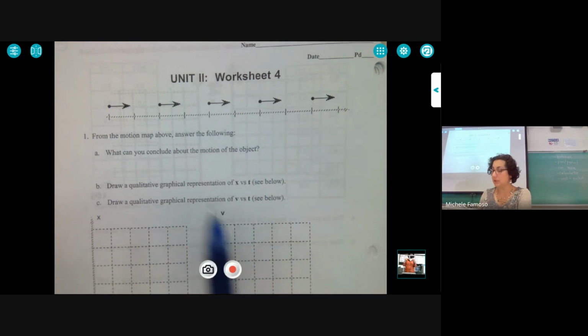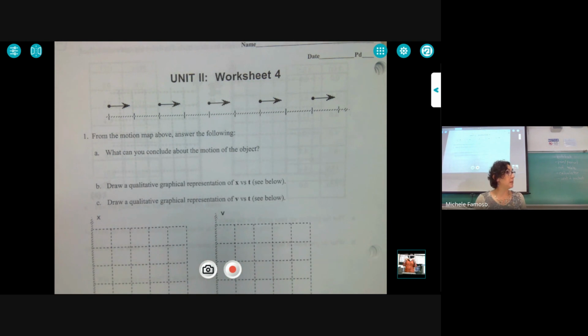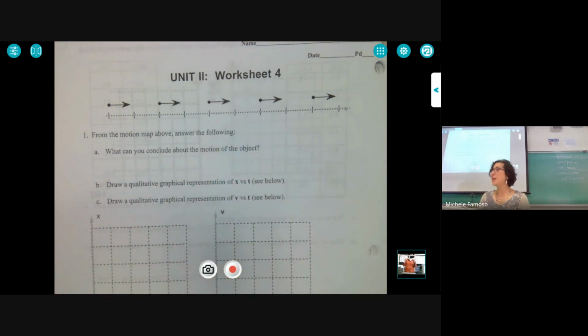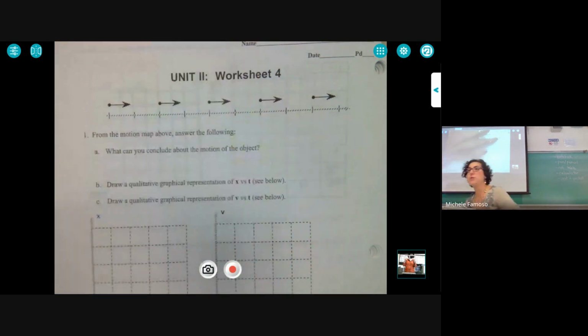That's your x-axis. Each hash mark vertically shows you another meter on the number line. And each of these arrows represents the velocity of the object. It's showing you the speed of it and the direction it's moving in. The dots are telling you where the object was located at 1 second time intervals.